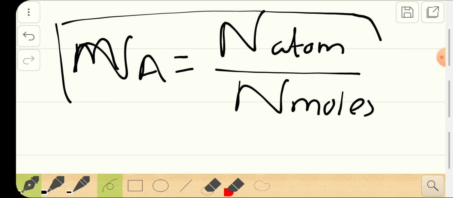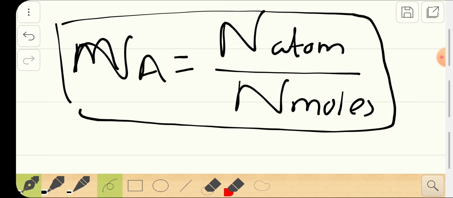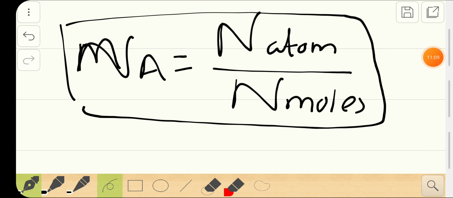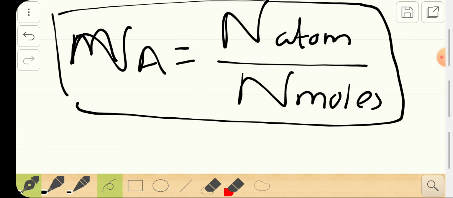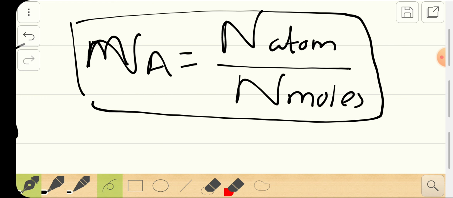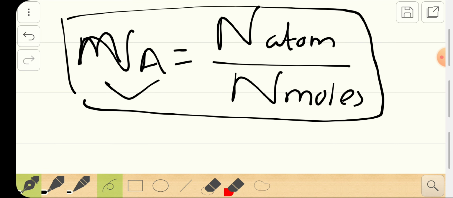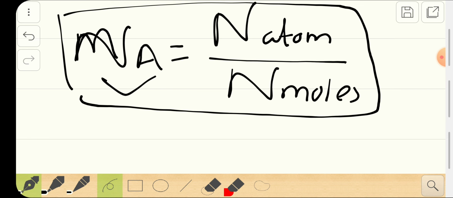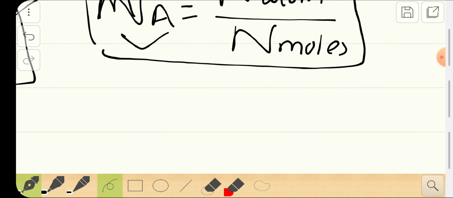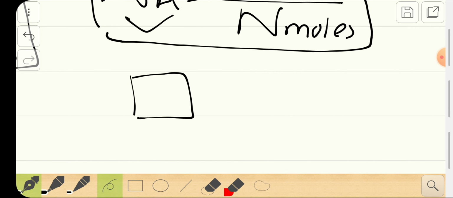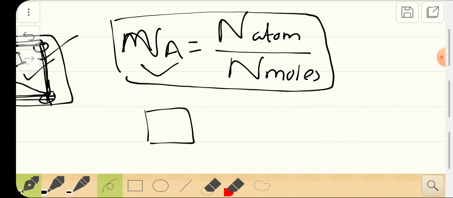Now the weight of one mole of a material is related to the Avogadro number. It's actually the molecular weight of one mole of material. If you take one mole of material, that's what effectively it means.